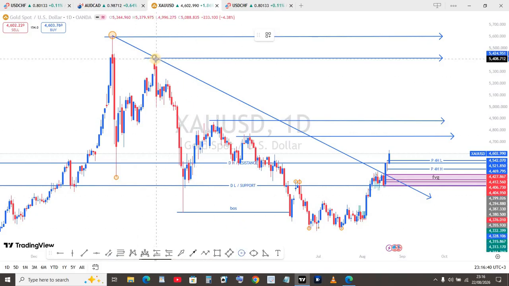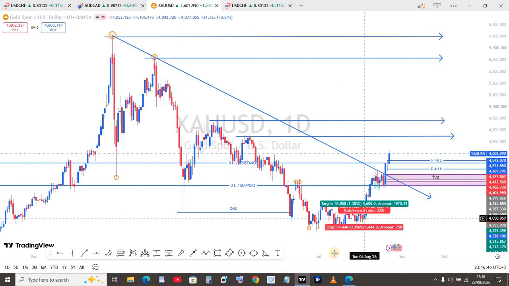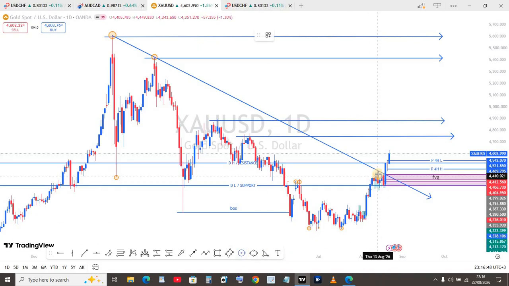So this is the trend line I'm trying to show you. When you draw a trend line from these lower highs to this another one here, you might see that this market came and broke this trend line, just the way I told you last week.